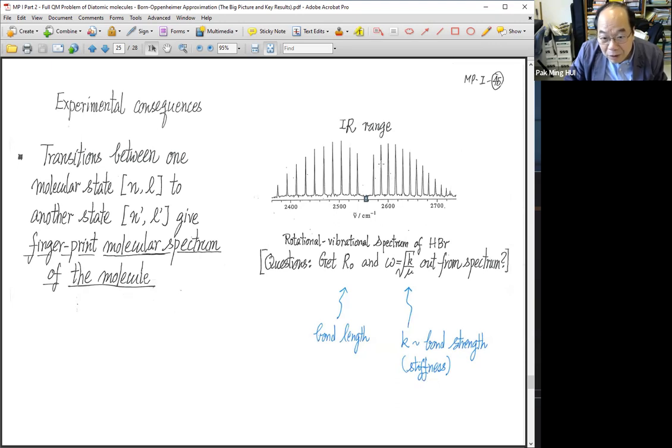And more, if you read out this separation, it will give us the bond length. How nice. And that is the experimental way to extract these very important parameters for a molecule.